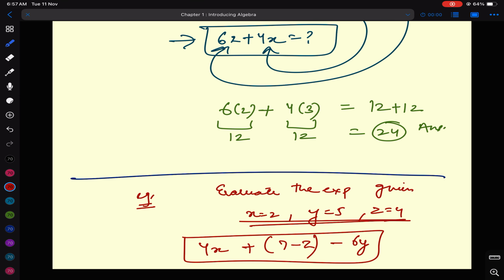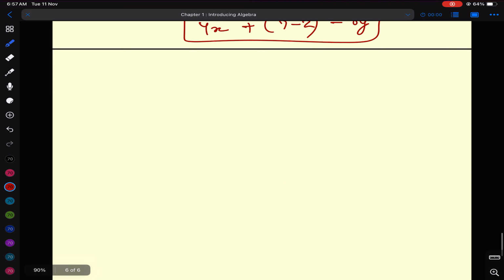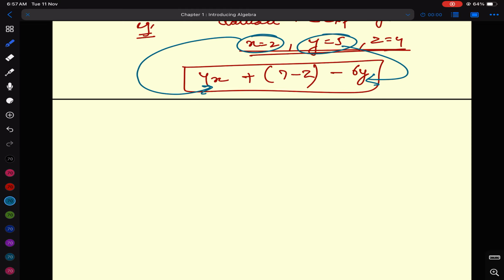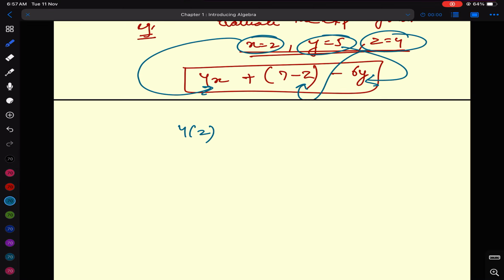Now what is x? X is 2. So that is going to give us 4 times 2. So first we are going to substitute x as 2. Next is z is 4, so that is going to give us 7 minus 4, and y is 5, so that is negative 6 times 5.